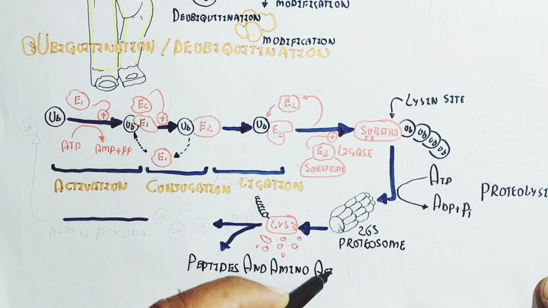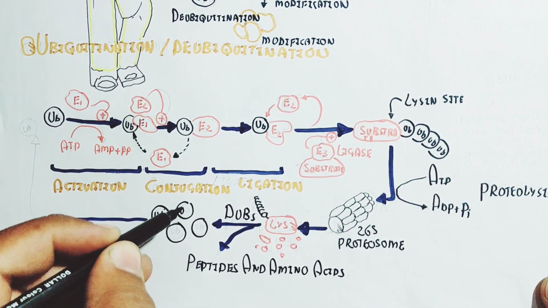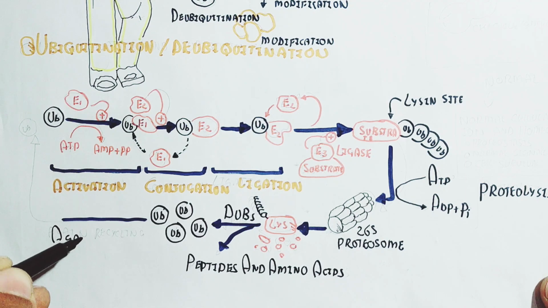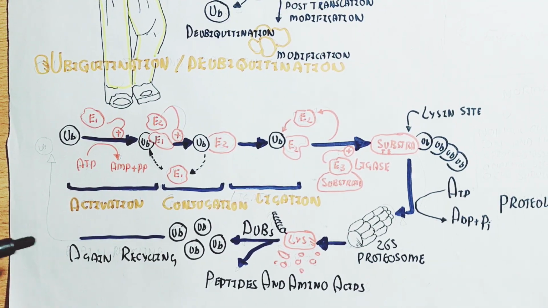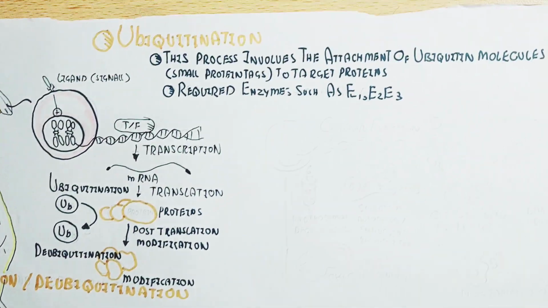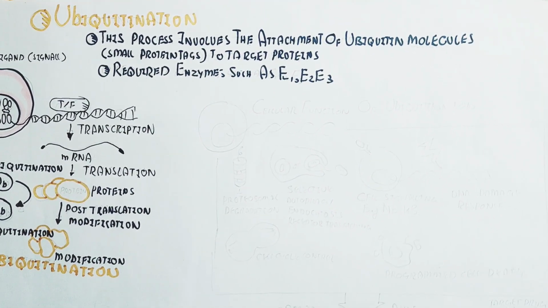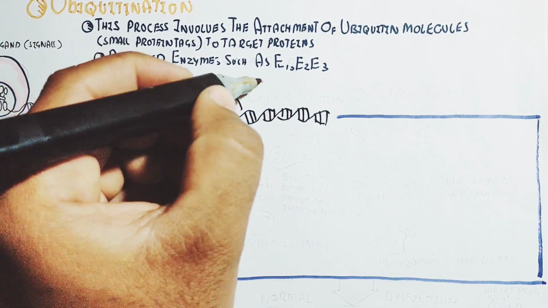Deubiquitination will lead to separating the ubiquitin, and this ubiquitin is recycled again, so the ubiquitin will work again. It is not the end product, but it will create the end product of the protein which is unrequired.